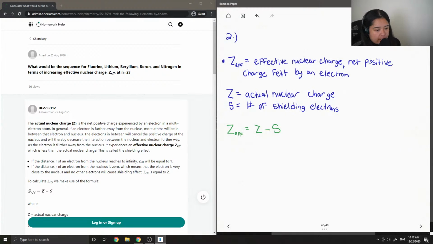So in the question n equals 2, so let me just write here, when n equals 2, the number of shielding electrons is also equal to 2. So S is also equal to 2 since it still just corresponds to the 1s electrons.